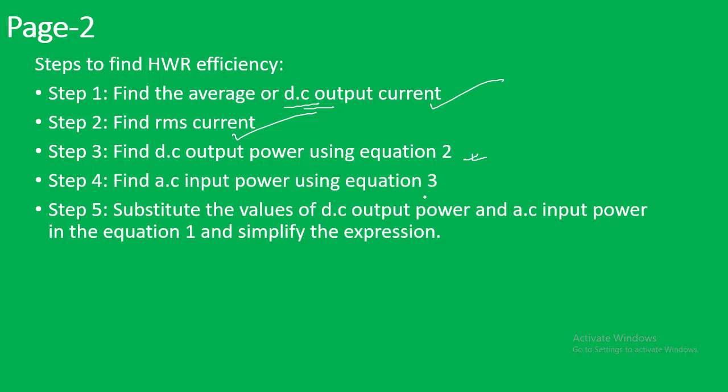In step 4 we will find the AC input power using equation 3, and finally we will substitute these two in equation 1 and simplify it to find the actual expression for half wave rectifier efficiency. So that will be our roadmap.